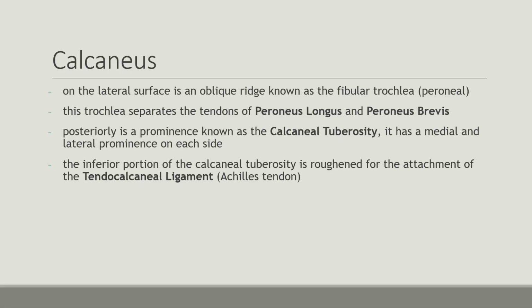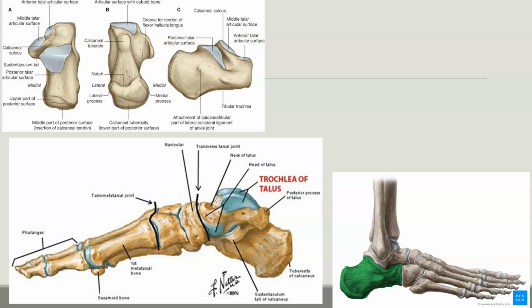This is for the attachment of the most powerful tendon in the body, called the tendocalcaneal ligament, and you know it as the Achilles tendon. You can see it attaching right here.